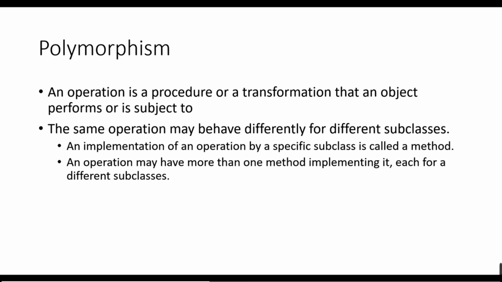It means we need to draw the polygon, draw the rectangle, and draw the triangle, and actually the details of the methods to draw different polygons are different. So we cannot use the same code to implement the same operations. So it means the same operation may behave differently for different subclasses.